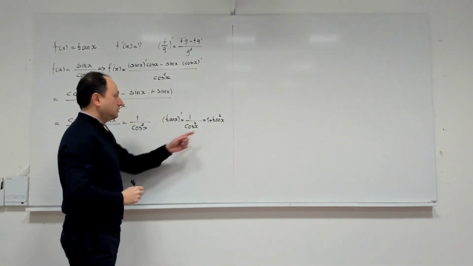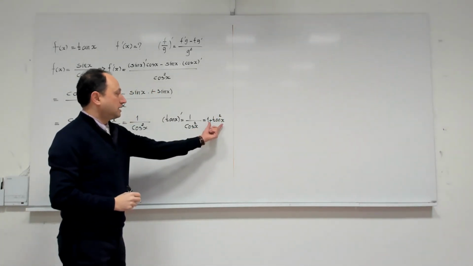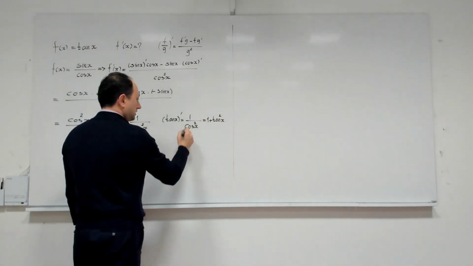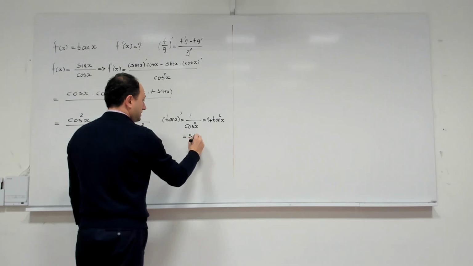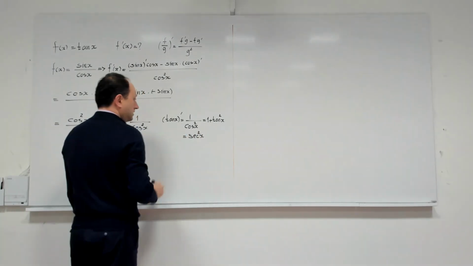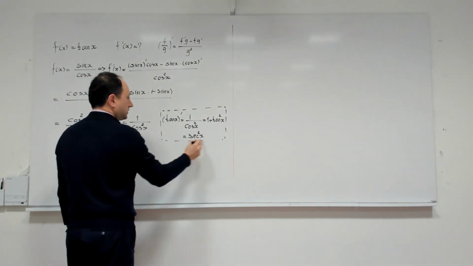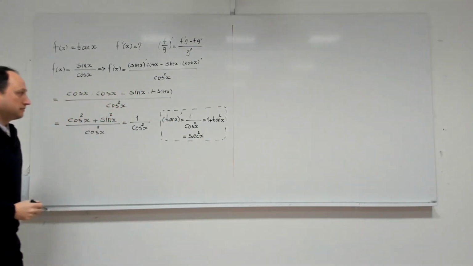Do you remember in chapter 2 we learned that 1 plus tan squared x is 1 over cosine squared x. And usually if you want you can also write secant squared x. All of them you will see in the university, but here you just need to know the first one, but they are completely equivalent.